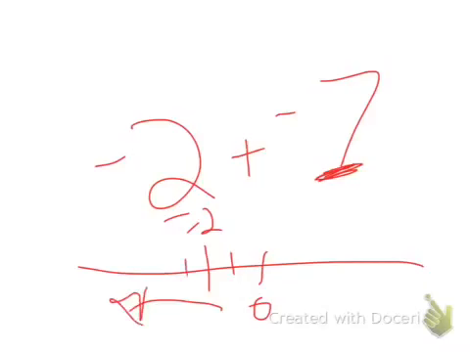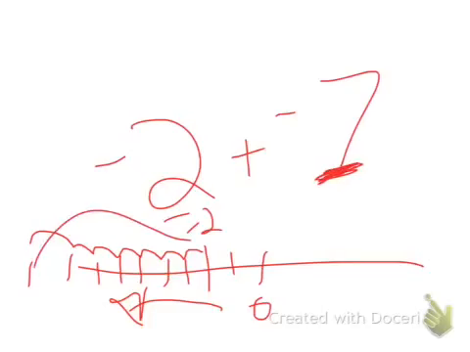We have -2 and we're adding -7 on there. So we're going to go backwards 7: 1, 2, 3, 4, 5, 6, 7. Which would bring us to -9. So there's another instance for your number line. When you are using a number line, if you're adding a negative, all you're doing is subtracting.